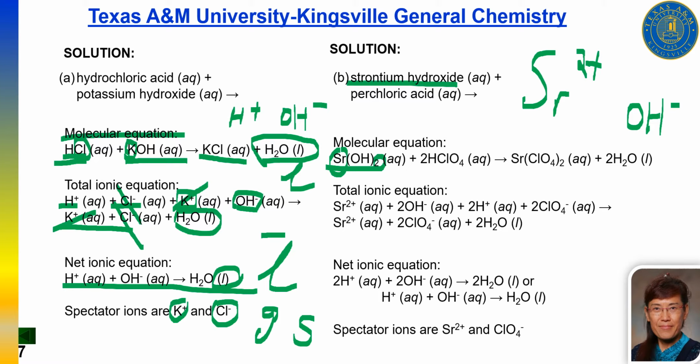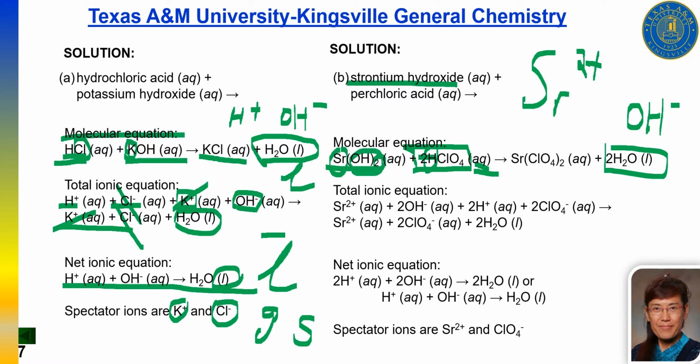And you reacted it with 2 moles of perchloric acid, which is also a very strong acid, also a very strong oxidizing agent. You are going to recombine hydrogen plus and hydroxide to produce 2 moles of water, because you have 2 of this hydroxide from your strontium hydroxide, 2 moles.